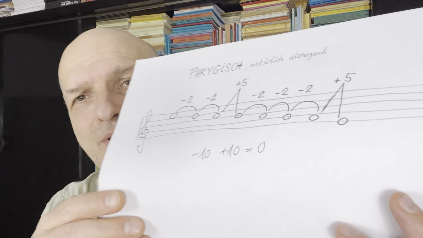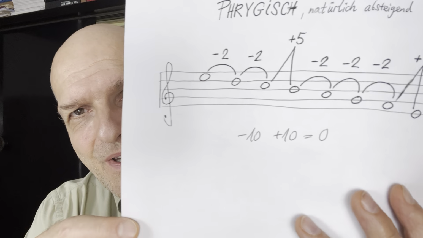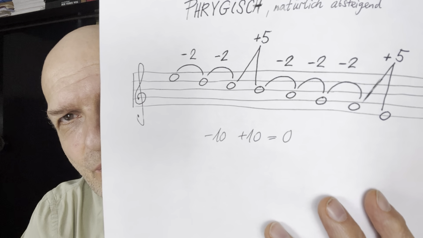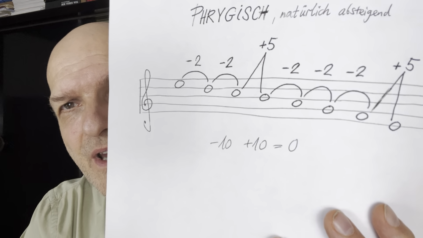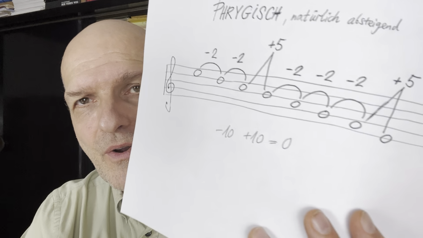So if this major mode is the natural expression of an extrovert scale, the natural way of an introvert scale is the Phrygian, which I showed you, but it goes downward. So the academic way of showing it going upward is totally wrong.